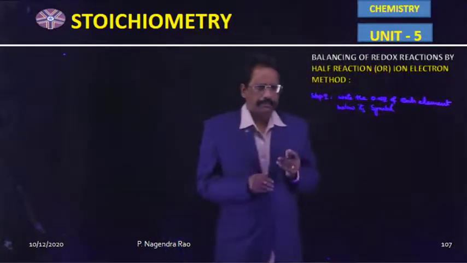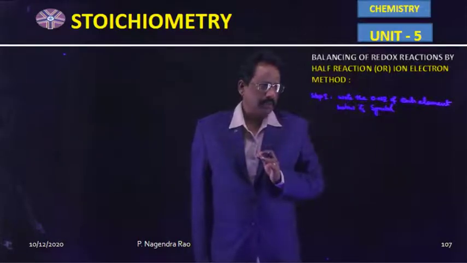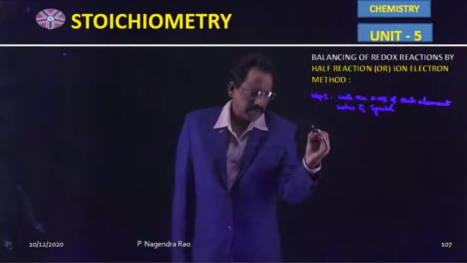In the first step, write the oxidation number of each element below its symbol.